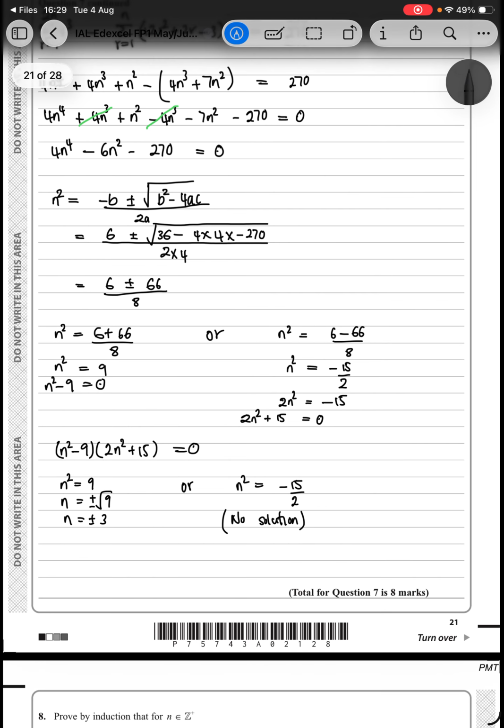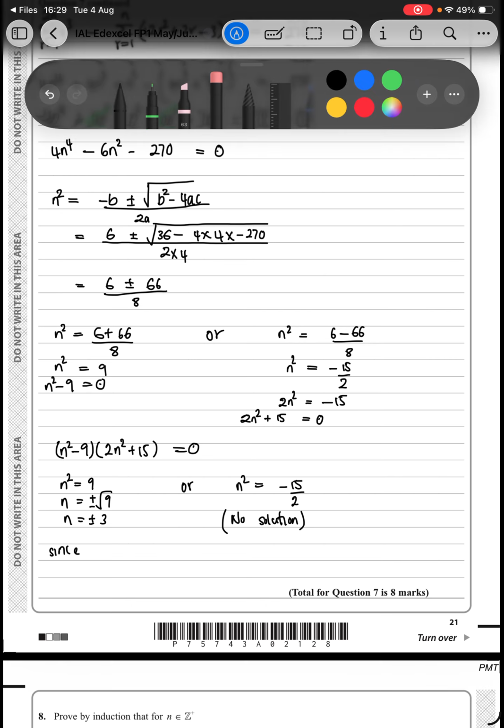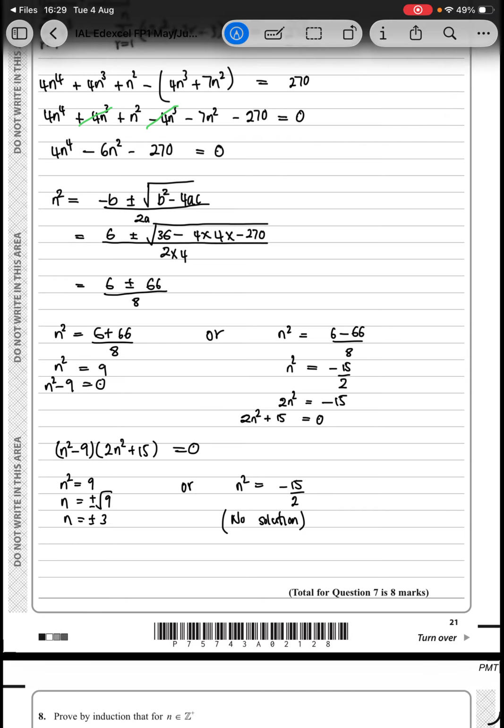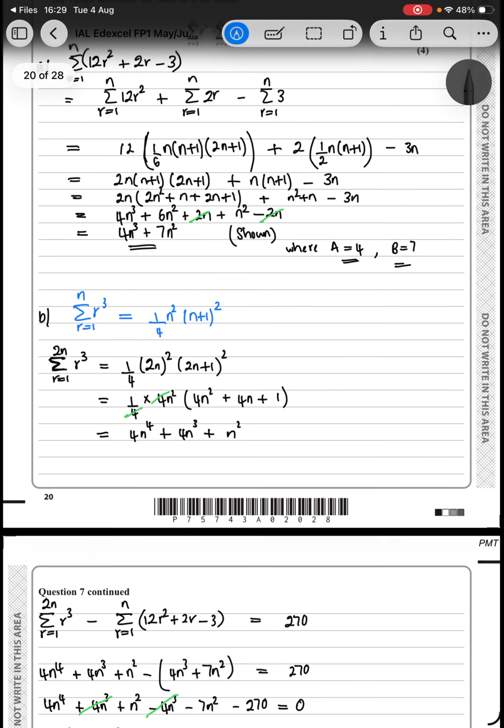So finally, since n is greater than 0, n is equal to 3. And that's our final answer to part B.